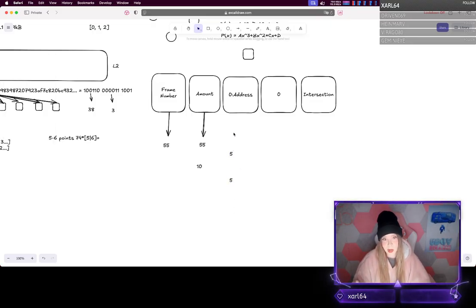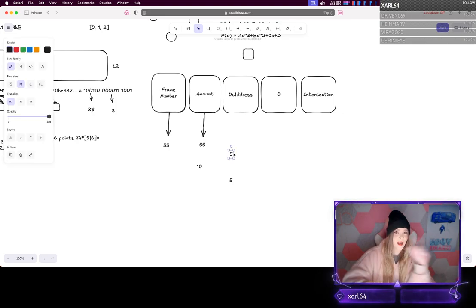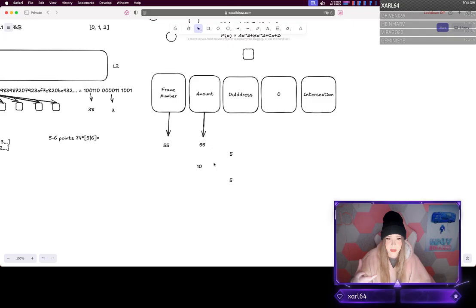Now, for those who are more familiar with field arithmetic, you'll know that there is modular arithmetic that comes into play. So now you also have to worry about, well, what if somebody constructs a 55, well, actually closer to 56 byte value that causes it to wrap around, and then you end up with some sort of infinite mint glitch. And so on top of the linear equivalence proof, we also have a secondary range proof.